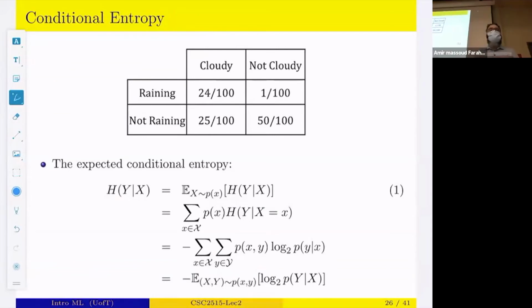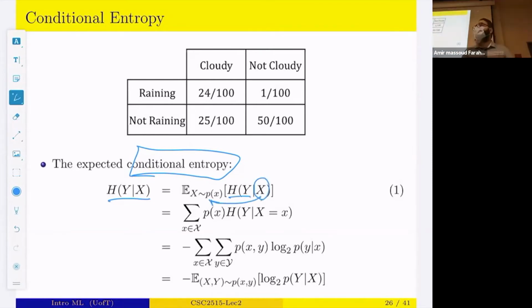So now we have this expected concept, which is the conditional entropy, but we take expectation over the possible values of X. It is not raining, but we consider the probability of it raining or not. So here, essentially, we are computing H of Y conditioned on X, which would be the entropy of Y when X comes from this distribution.